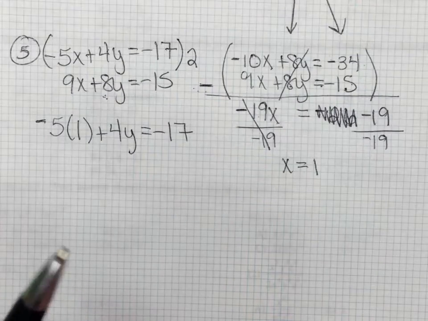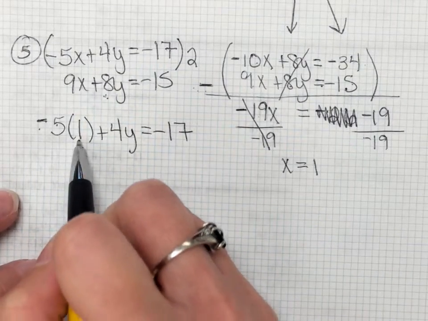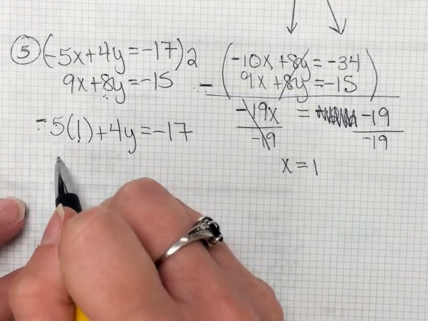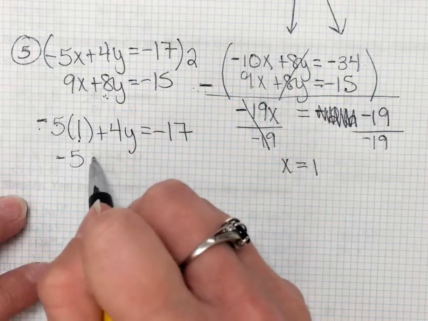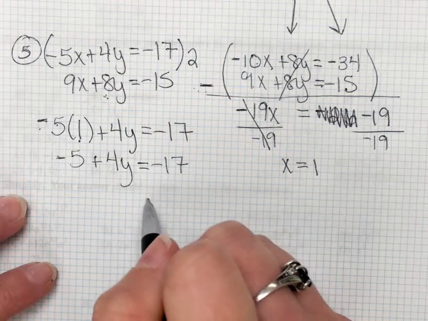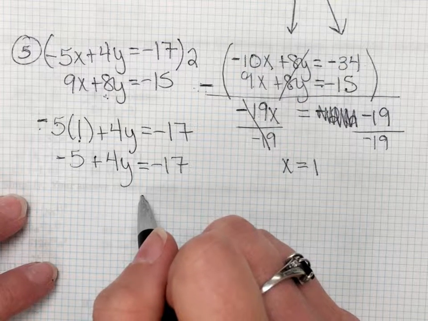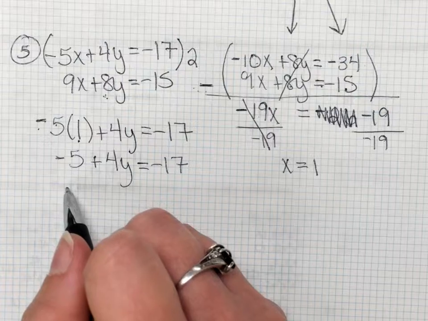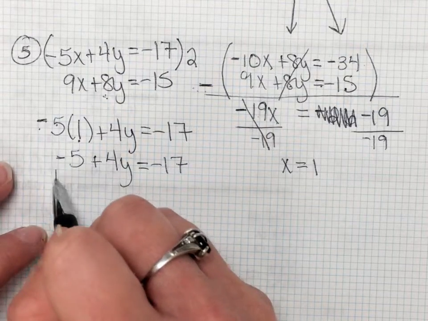All right. What's negative 5 times 1? You have a calculator. You should know negative 5 times 1. Negative 5. All right. Now what? You add 5, Katie. Very good.